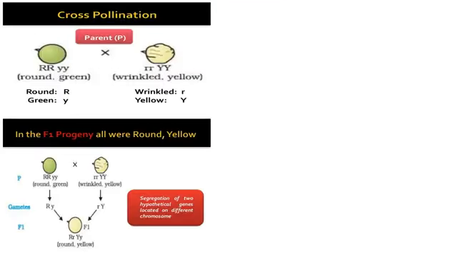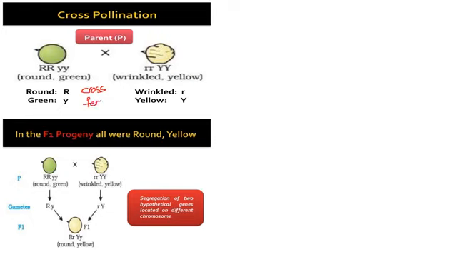Here let's do the cross first. In the parent generation, Mendel did the crossing of the parent generation, right? So it was a cross fertilization. In the first, he did cross fertilization. I'll just write cross F, that is fertilization.